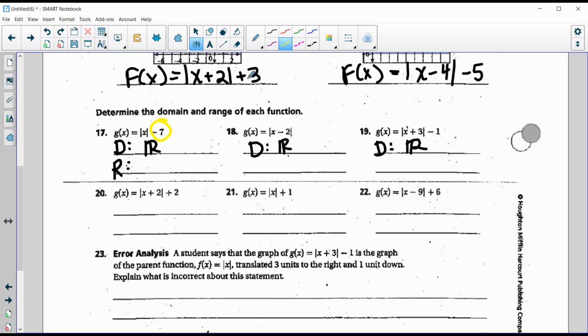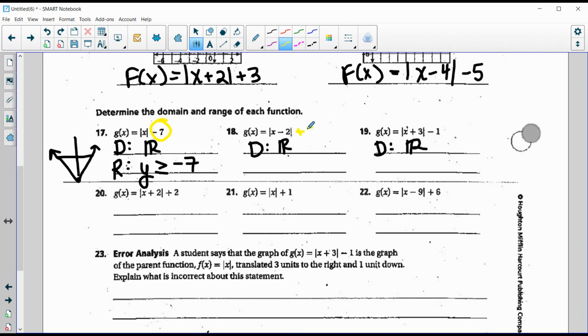So -7 is the value of k here. So my range is that the y values have to be greater than or equal to -7. Because if I think about it, -7 is going to be the lowest y value on this graph. I'm going to have to go down 7. Everything else is going to open up above it. So all the y values are going to be bigger.